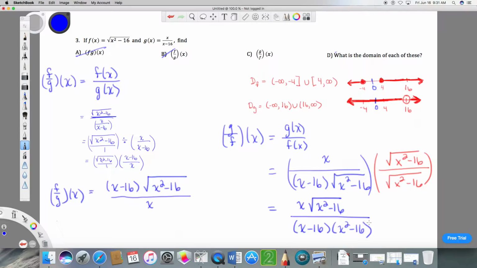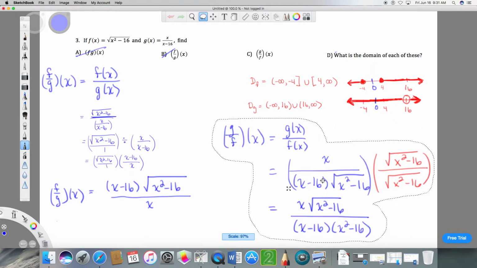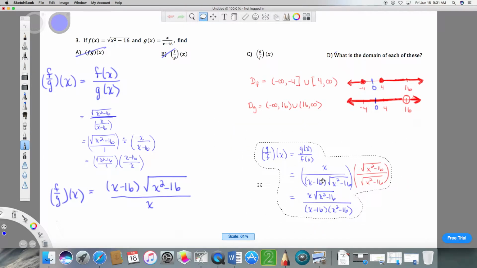And I'm going to leave that in factored form. I'm not going to multiply that out because I argue that most of the time when we're working with fractions, it is more convenient to have our fraction in factored form than in some kind of standard form. All right.